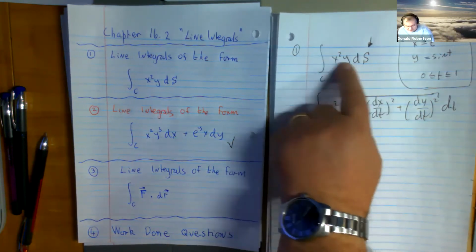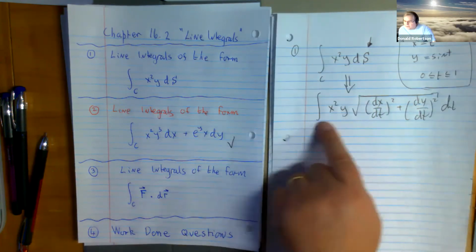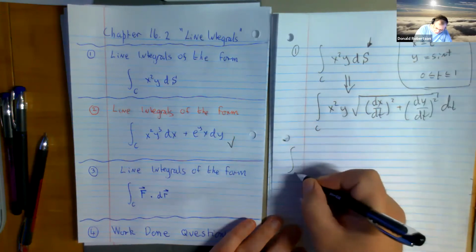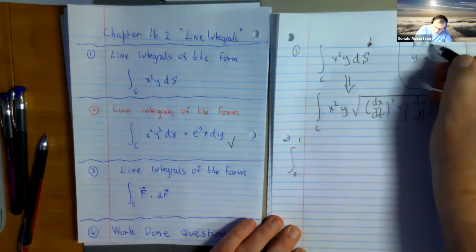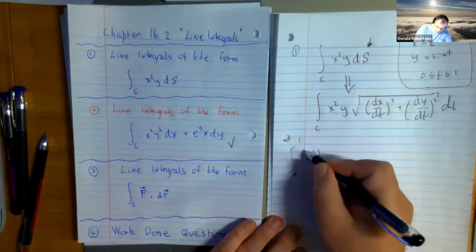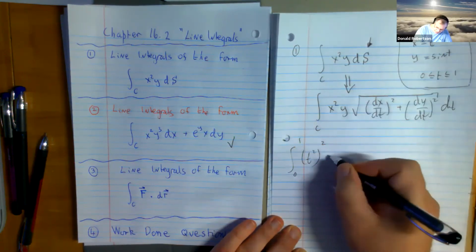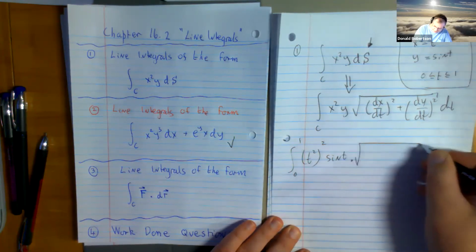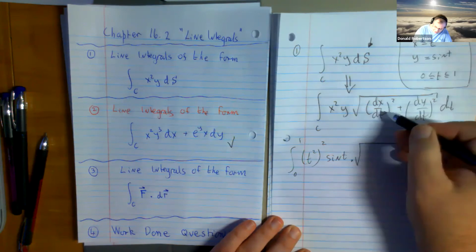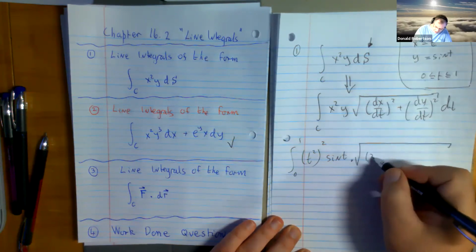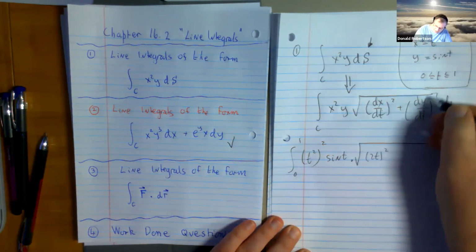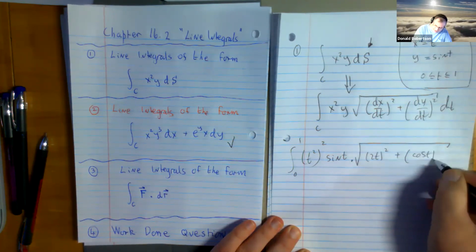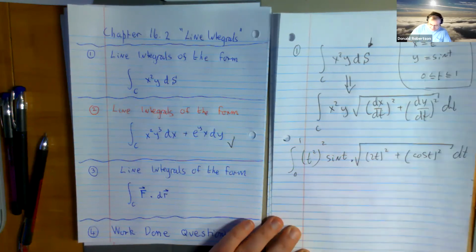So to find this, we find this. Well, t goes from 0 to 1. x squared becomes t squared squared. Sine t goes here. Square root of, differentiate this with respect to t, and you get 2t squared. Differentiate this with respect to t, and you get cosine t squared dt.